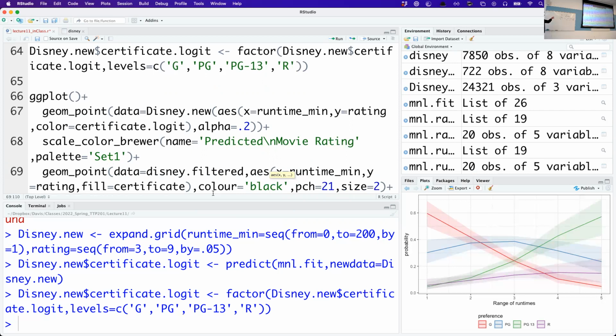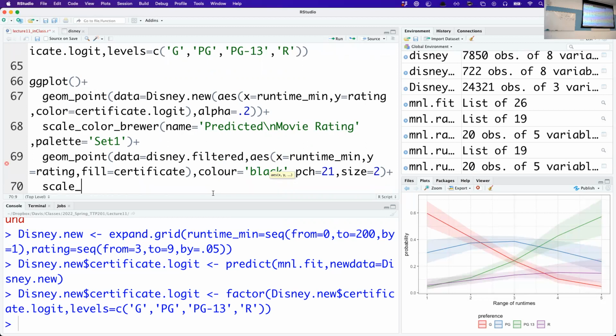PCH here is an indication for the shape of the point. This one, I'm making it so that it has an outline, and I'm making that outline black. And we'll see what that looks like in the plot in just a moment.